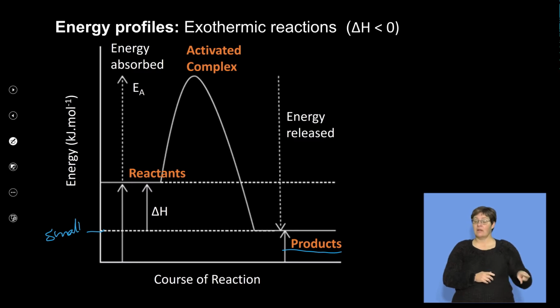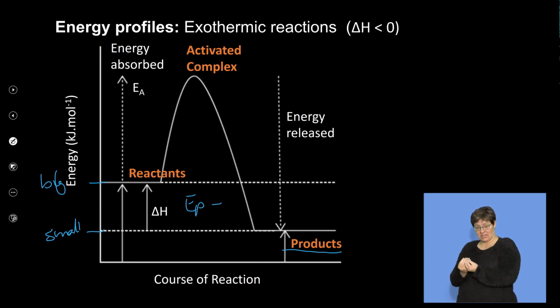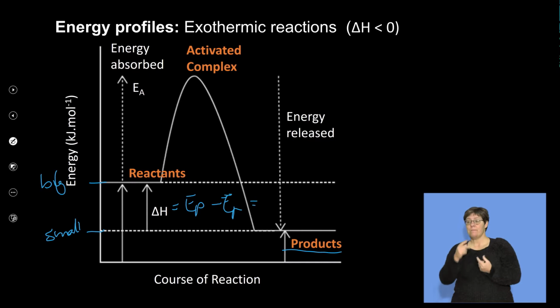Whereas the energy of the reactant is a bigger number. So if we take the energy of the product and subtract the energy of the reactant, here you've got a small number minus a big number. That means you're going to make this a negative number.